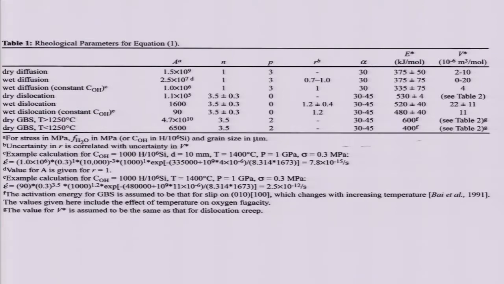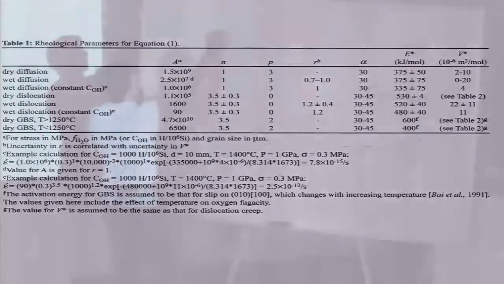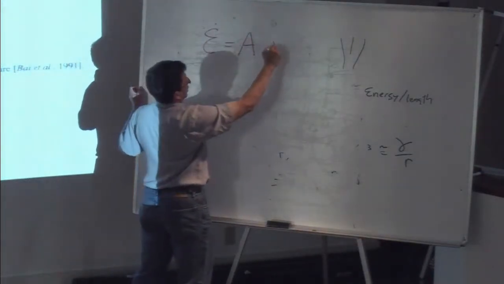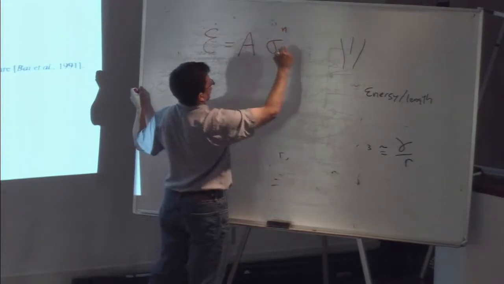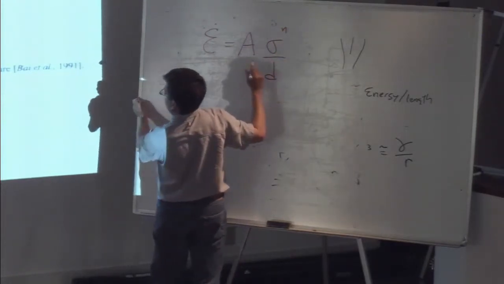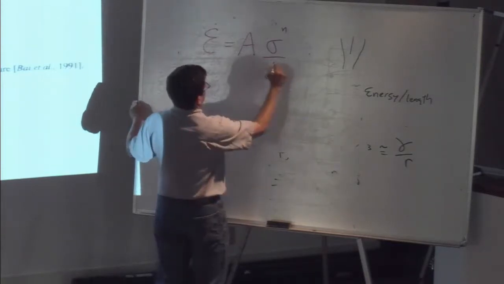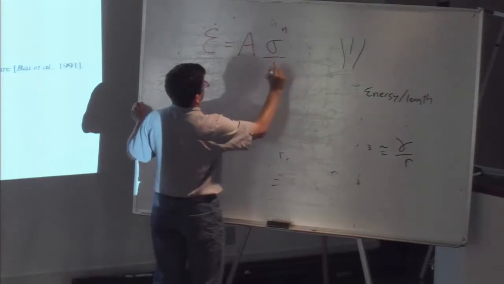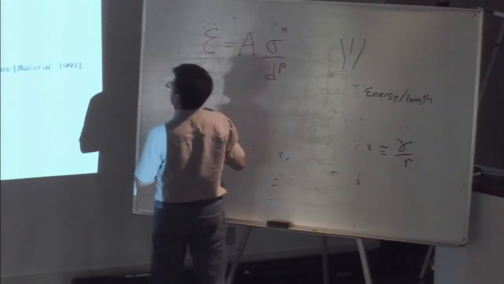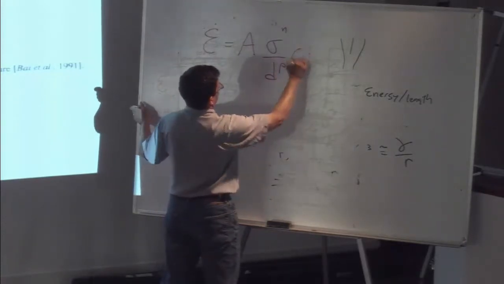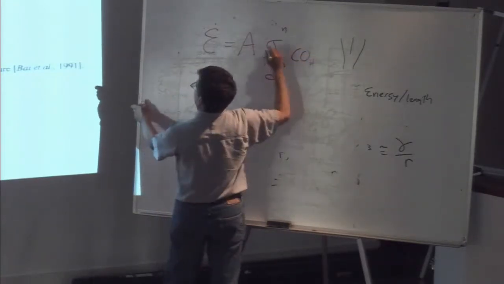And I'll remind you of the flow law form. So we have the strain rate is equal to A times stress to the n power divided by grain size to the p power. And then we're going to do this for a constant concentration of OH, so C_OH to the r power.